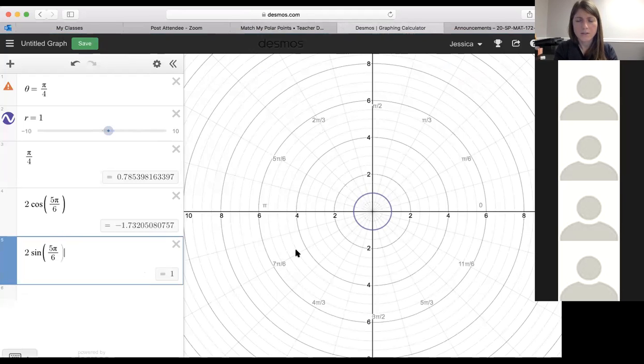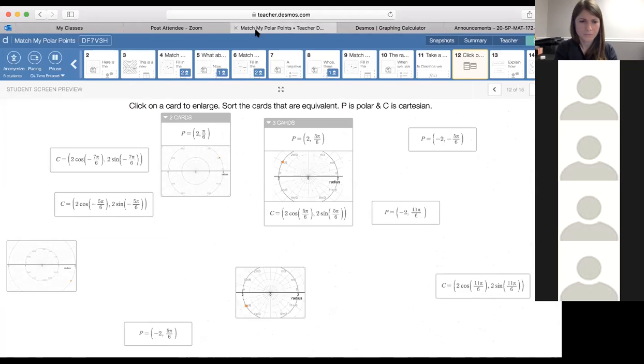You don't really have these negative angles over there for you. So that's another challenge here, right? Let's think about negative 7 pi over 6. It's going to start, and then negative 7 pi over 6 is going to be over here.